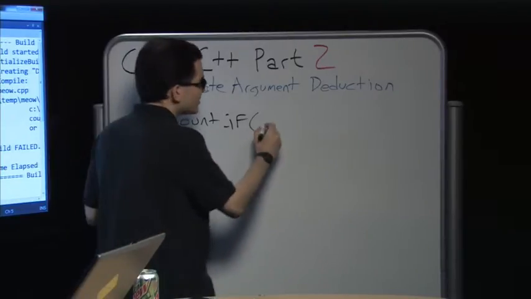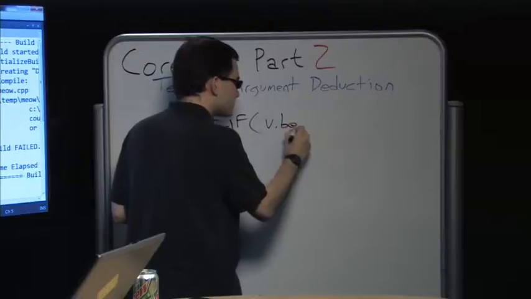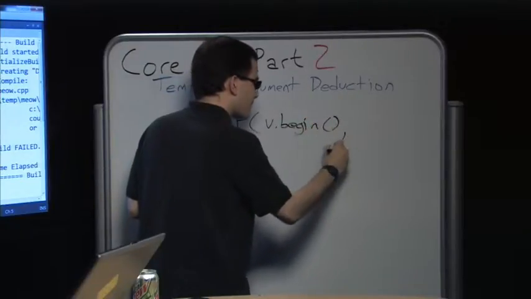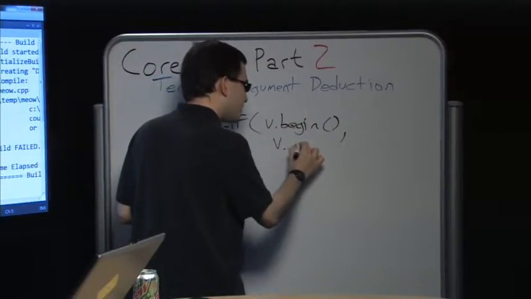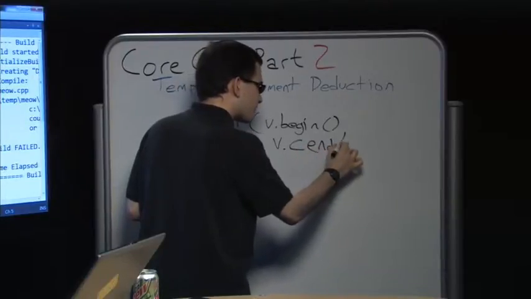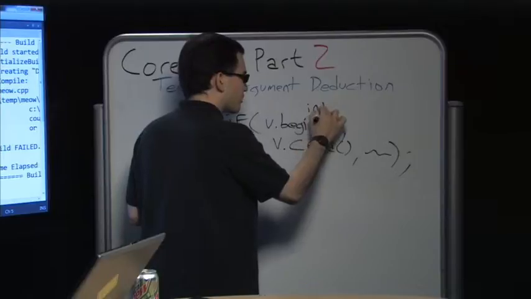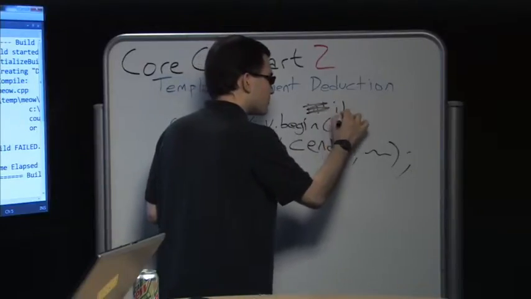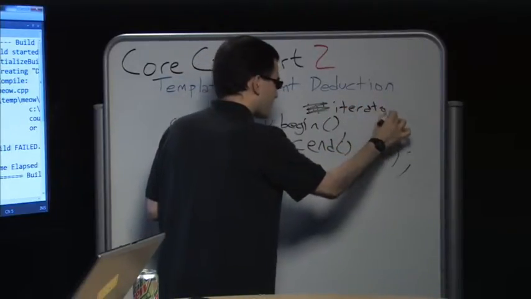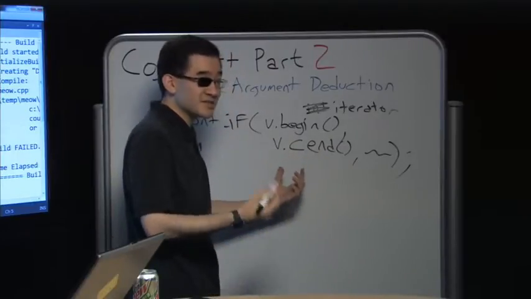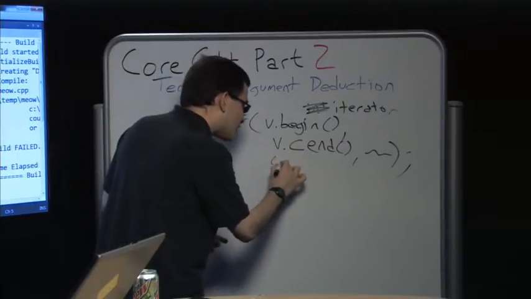However, if I were to pass it v.begin, and then instead of v.end, I said v.cend, the type of this is vector iterator, and the type of cend, this is a C++11 function, is const_iterator.